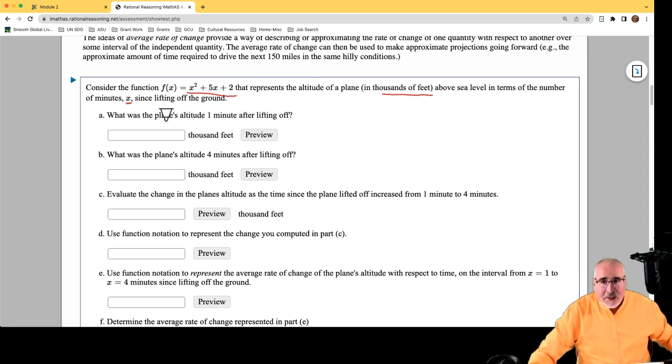Okay, what was the plane's altitude 1 minute after lifting off? So 1 minute means x equals 1. So what they're asking us to find is, what is f of 1? And we're going to do that by plugging in 1 for each of the x values.